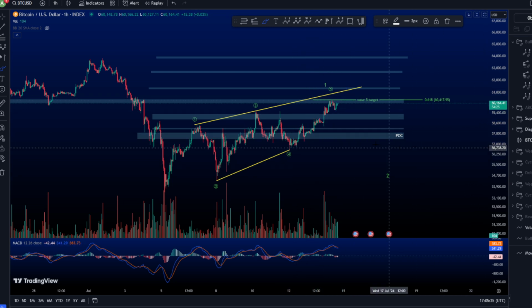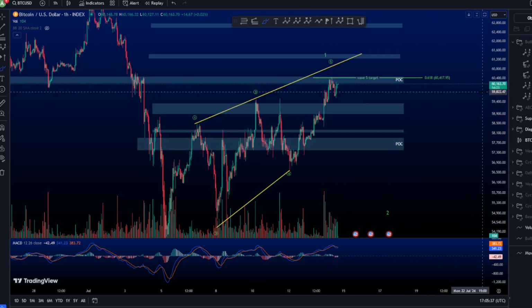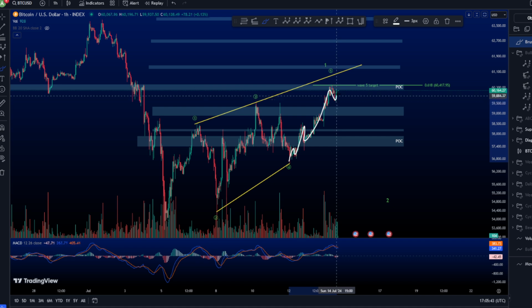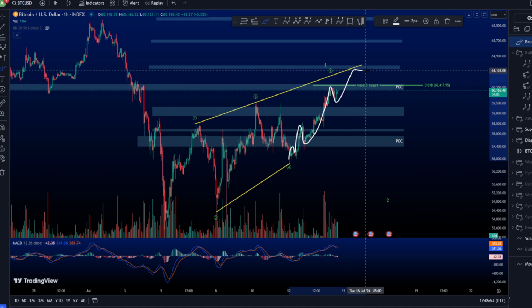However, things look a little bit different here. We see kind of an impulse again, right? So impulsive waves that we can see all together. We can see 1, 2, 1, 2 and 3 and then 4, and we might have a 5, and we might get into a new target, which is this resistance, which is also very good.